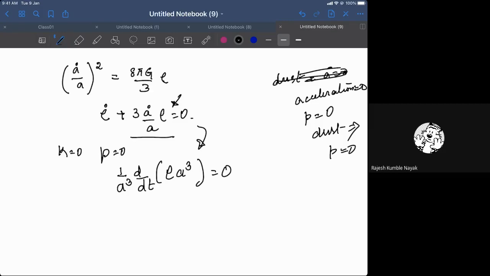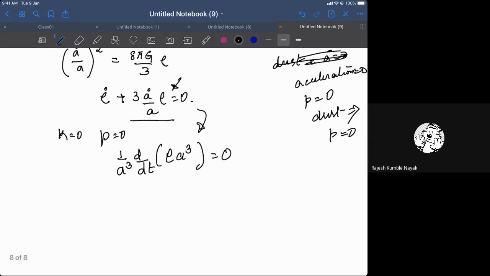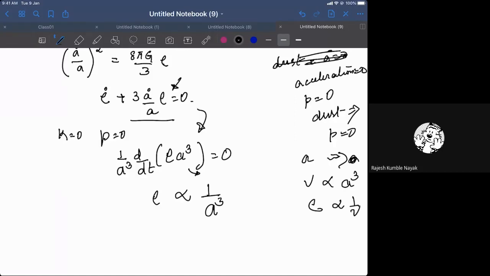So you got this equation, and it simply says that rho is proportional to 1 by a cube, because this is 0, this is constant. This is no surprise. You see that a is the scale factor, and the volume goes as a cube. This implies volume is proportional to a cube, and the density is proportional to 1 by volume, and that is why rho goes as 1 by a cube.